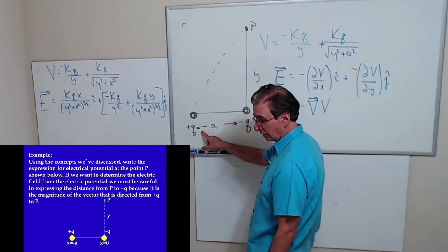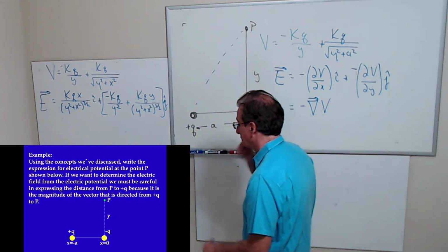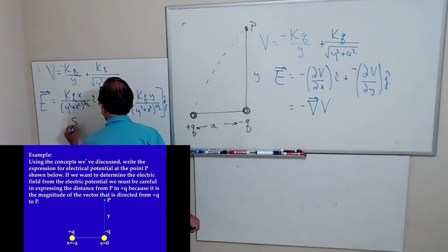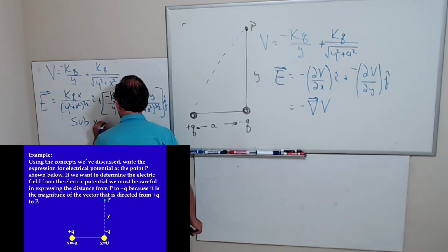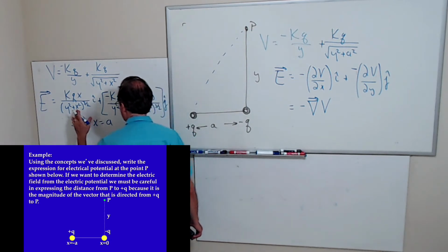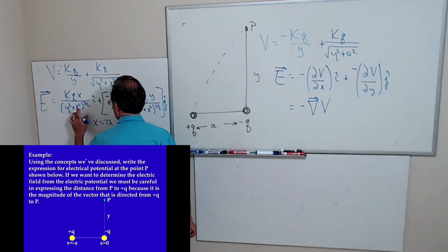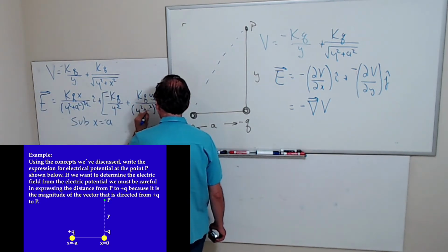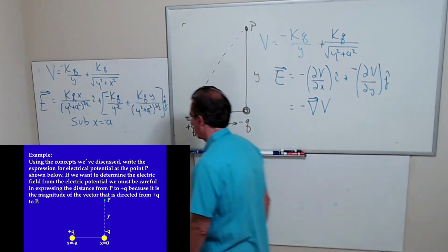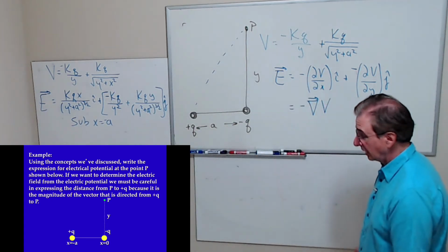I'm evaluating at the location where x equals a, so now substitute. Let me put, or actually minus it, that's going to be squared. And that's it. So that's the answer.